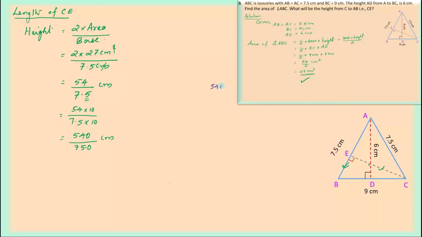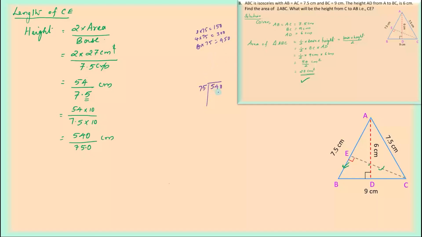540 divided by 75. Here we have to take the 3 digits, that is 540, because 54 is less than 75. So in 540, how many 75s can we get? 2 75s are 150, and 4 75s 300, 6 75s equal to 450.